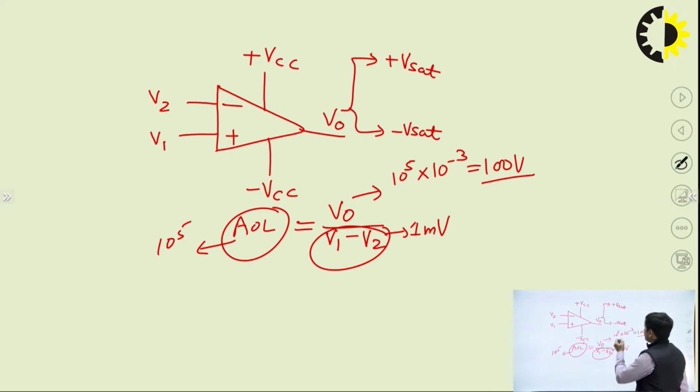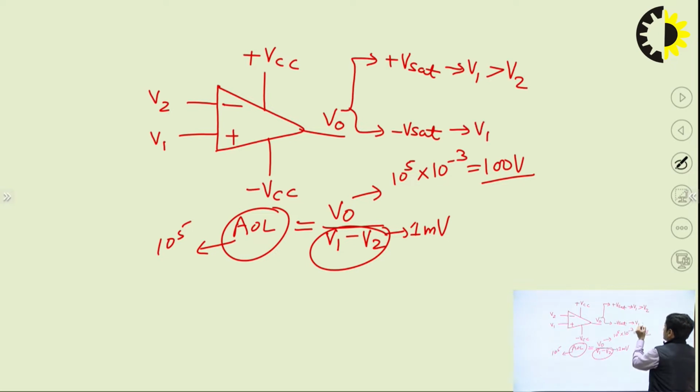So it's very simple. The output of the op-amp will be at plus Vsat if the voltage at the non-inverting terminal is greater than the inverting terminal voltage. That means the positive terminal voltage is greater than the negative input terminal voltage, then output will be at plus Vsat. Otherwise, it will be at minus Vsat.